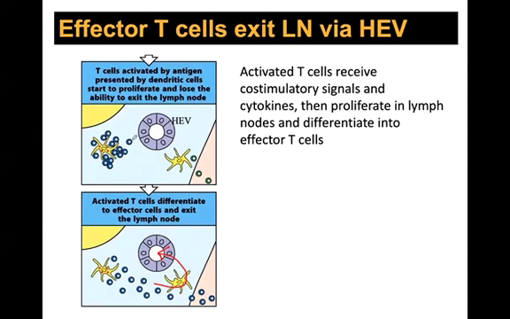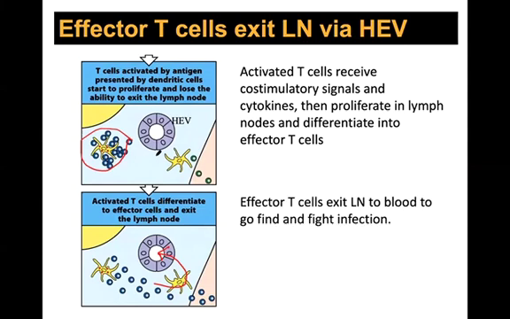So these T cells that have been activated have all the co-stimulatory signals and the cytokines that allow them to proliferate in the lymph nodes. During that proliferation, they differentiate into effector cells, and then they exit the lymph node to the blood, and their job is to go and fight the infection. And that means recognizing infected cells and killing them.